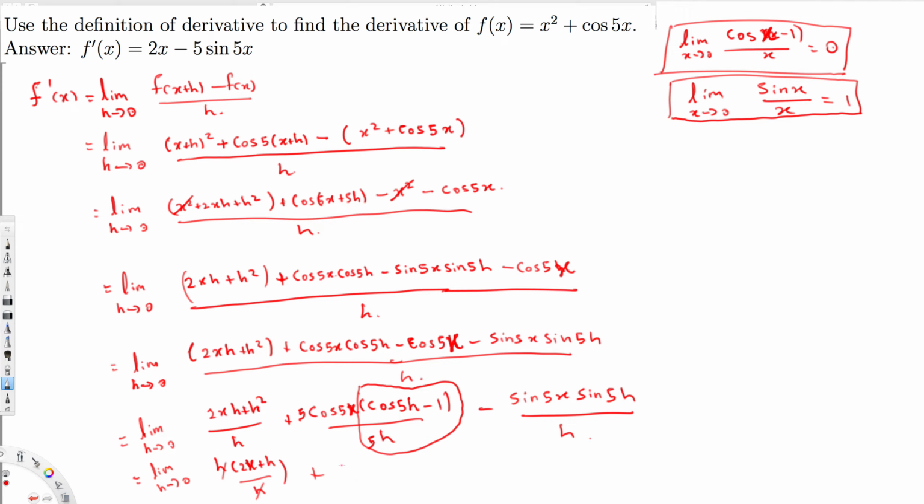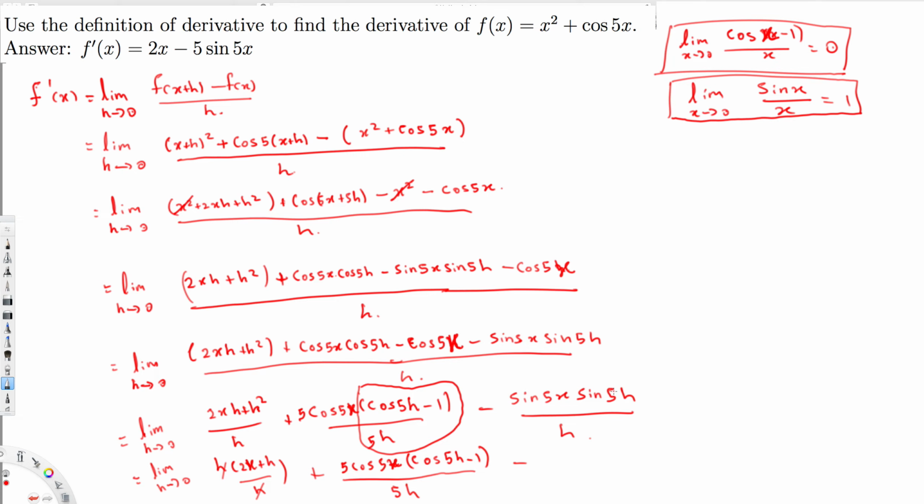So 5 cos 5x times cos 5h minus 1 over 5h, minus, here also I can do the same thing to get to 1.